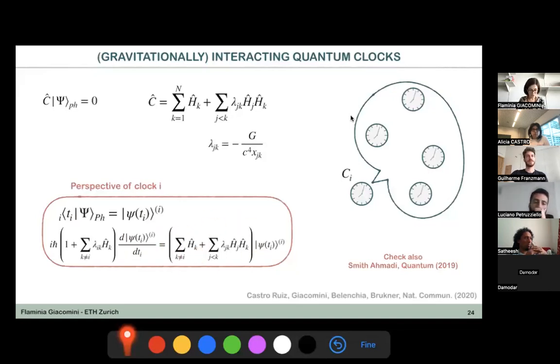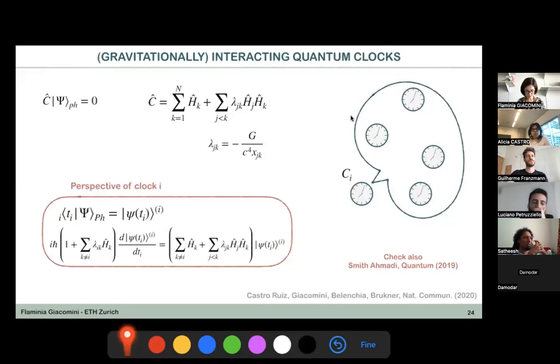So what I have to assume is that this lambda, this coupling, is small enough so that I can invert this equation, so that this doesn't have any 0, and I can safely invert it without running into any divergences.